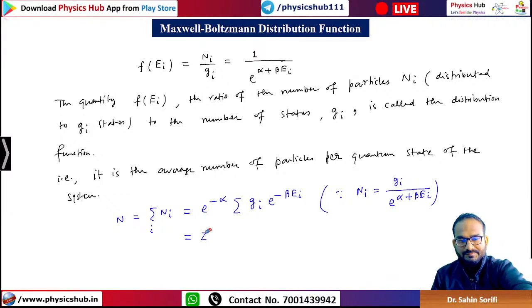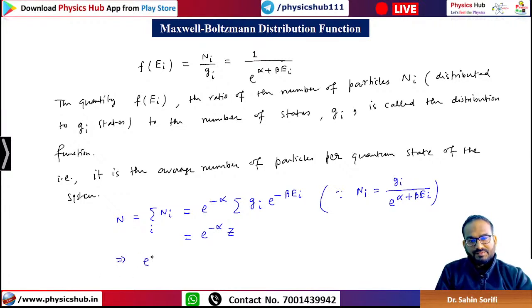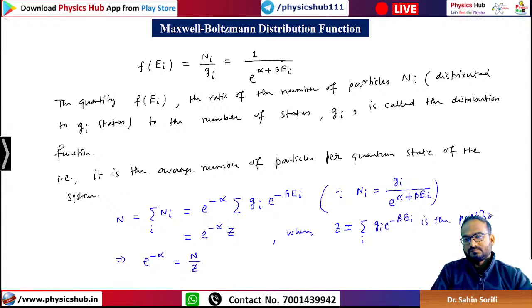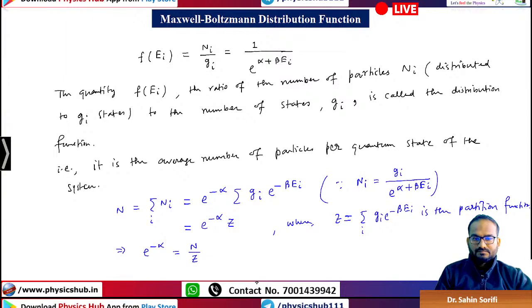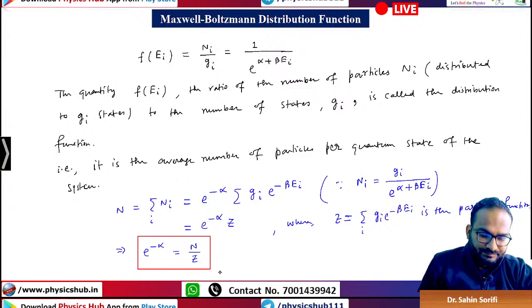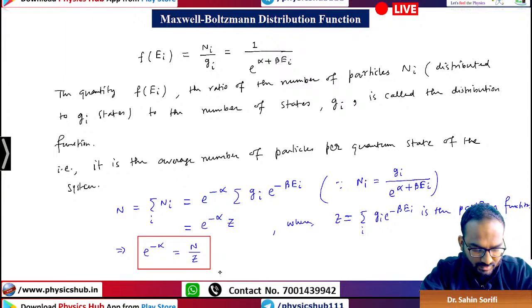So, e to the power minus alpha into Z, and from this we get e to the power minus alpha is equal to N upon Z. So, this is how alpha is defined. I hope this is clear.